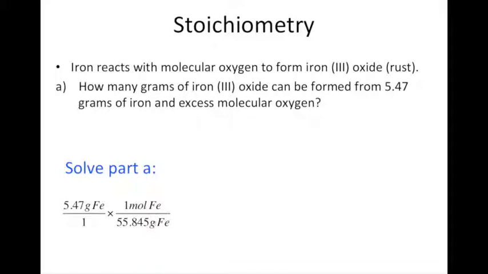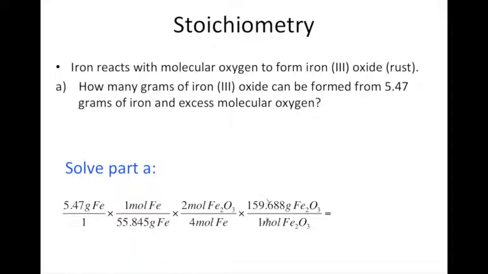Again, I have grams of iron, so I want grams of iron on the bottom and moles of iron on the top. Now I can use my ratio from my balanced chemical equation. Remember, 4 moles of iron will react to form 2 moles of iron 3 oxide. So I got the 2 and the 4 from the balanced chemical equation.